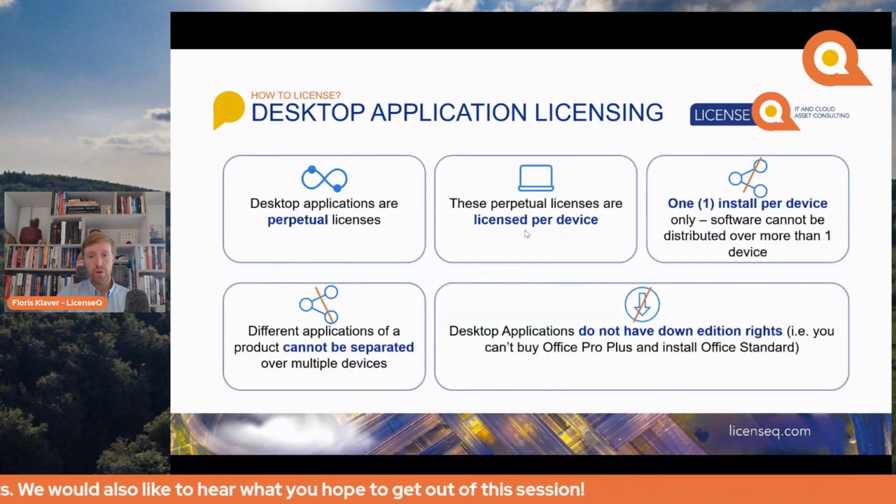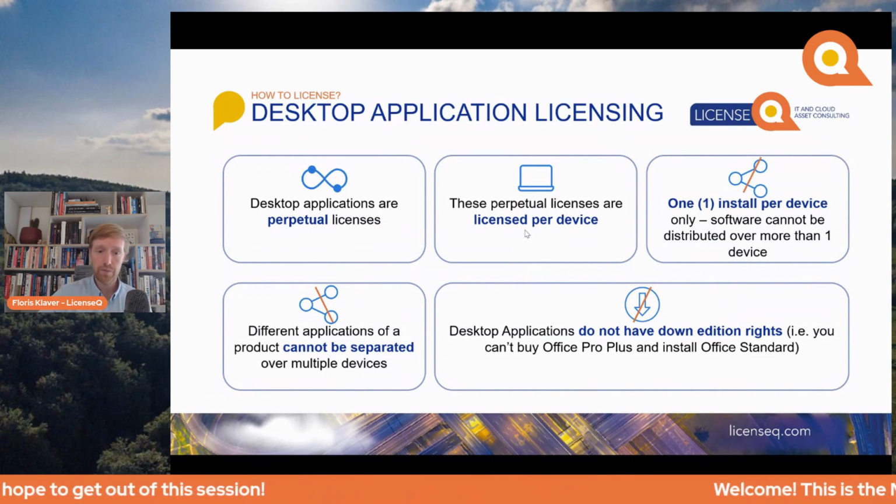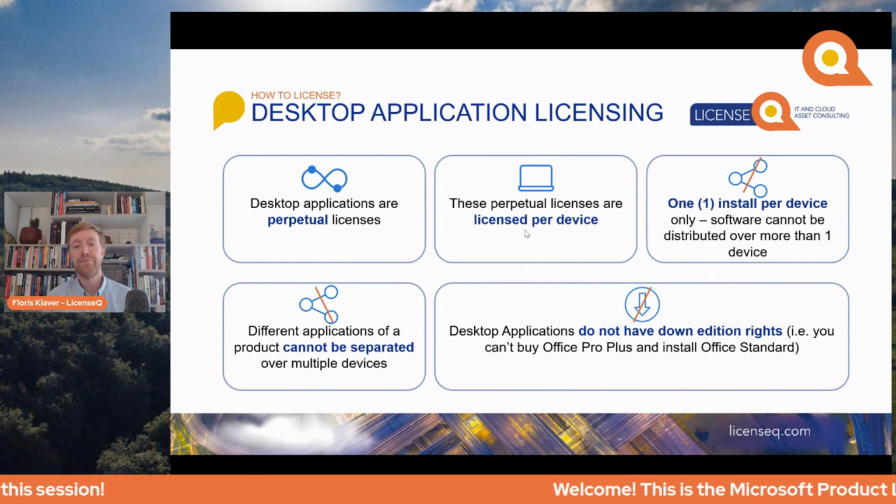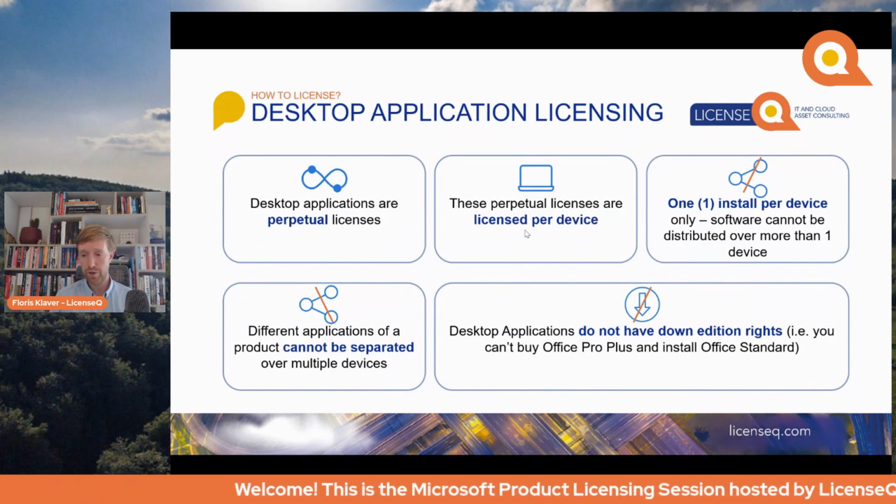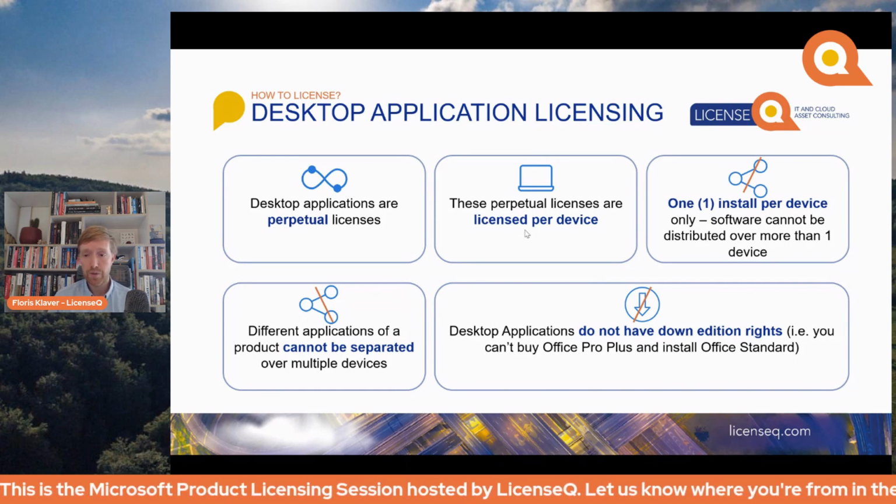What I'd rather focus on is how it works across the board for desktop application licensing, because desktop applications are perpetual licenses. This means you buy the license and it's yours to use. They're licensed per device, so you have one install per device only. You cannot distribute over more than one device.